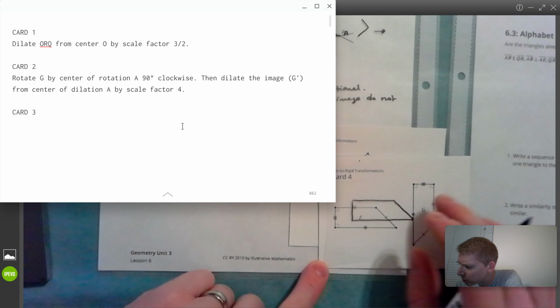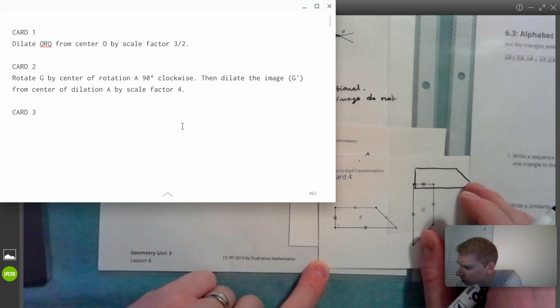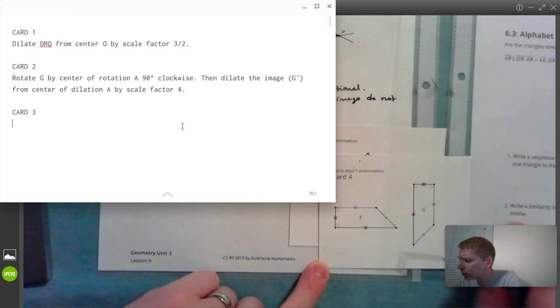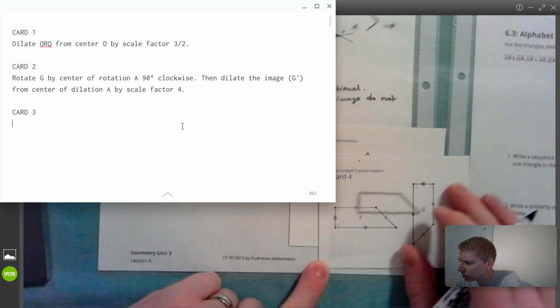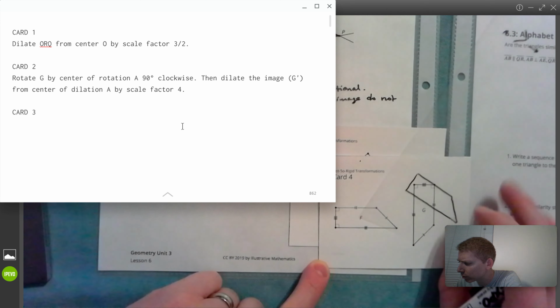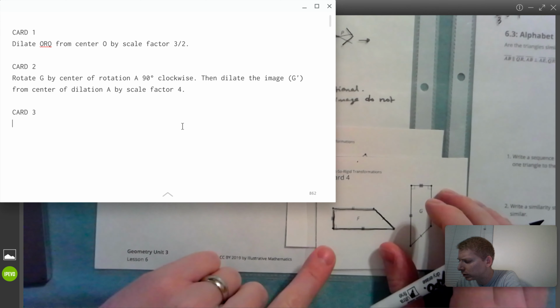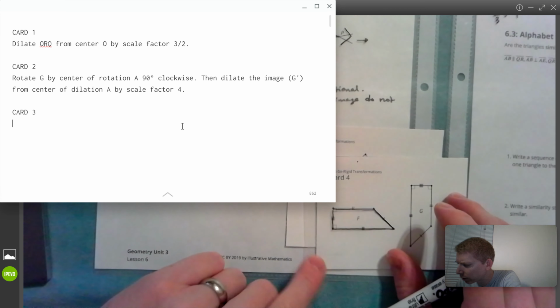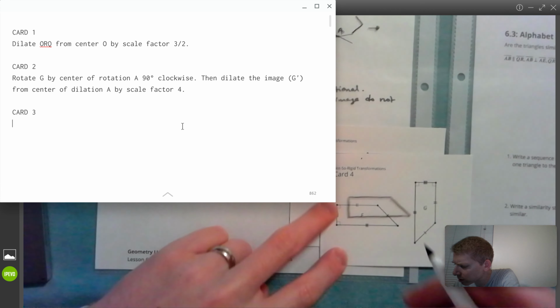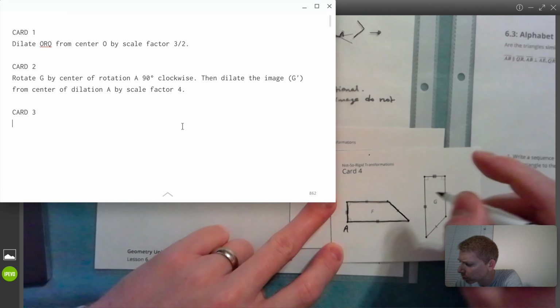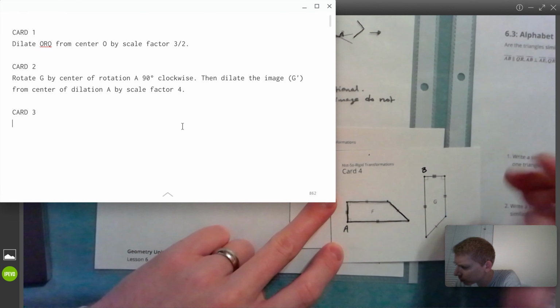Let's match up these points and then do the rotation like that. So I'll go up here and then do that rotation. All right. So let's label this point here A, and let's label this point up here B.